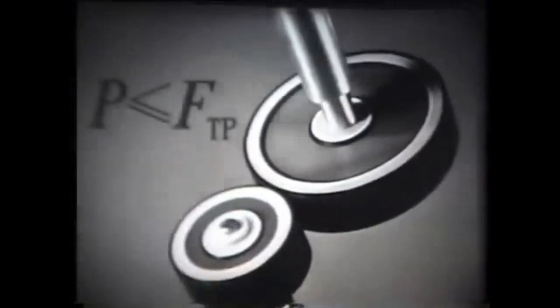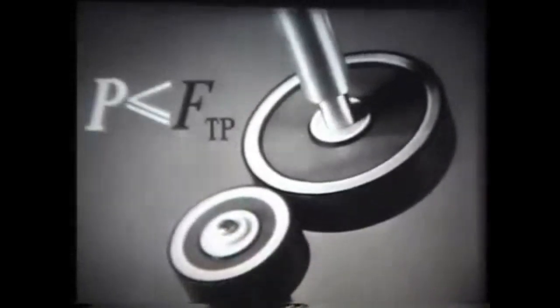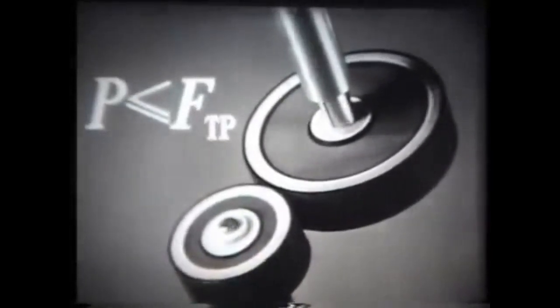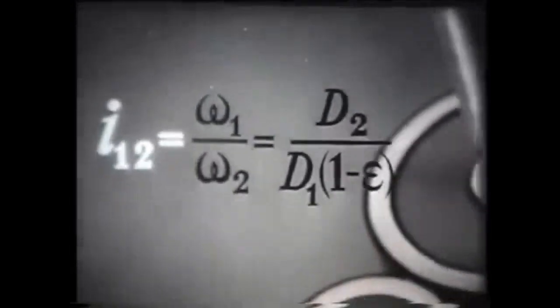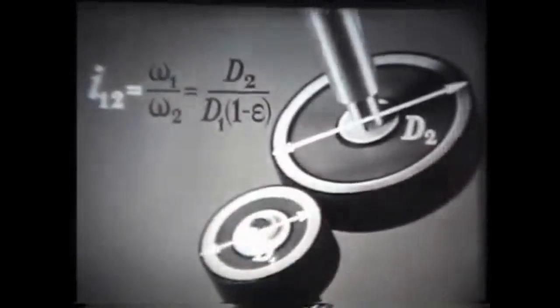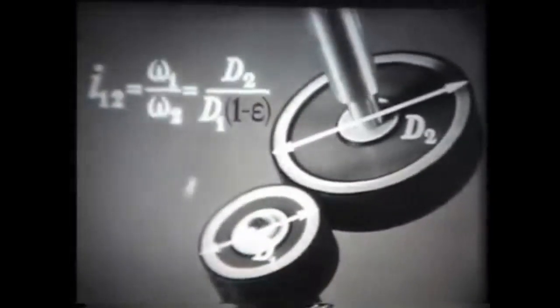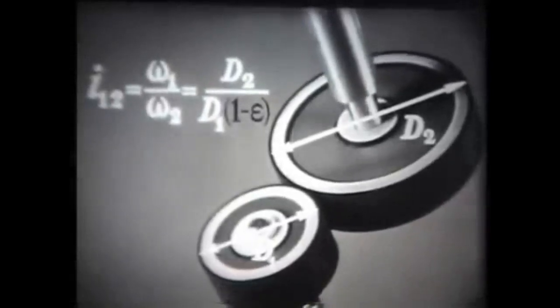The working circumferential force should be less than the friction forces between the rollers, otherwise there will be slipping. The gear ratio is equal to the ratio of angular velocities and is equal to the inverse ratio of the diameters of the rollers, taking into account the sliding coefficient.